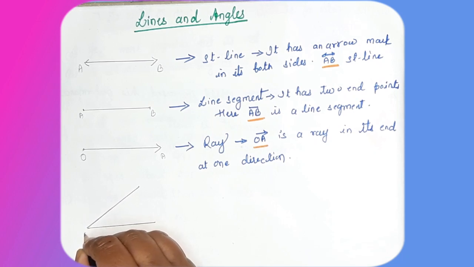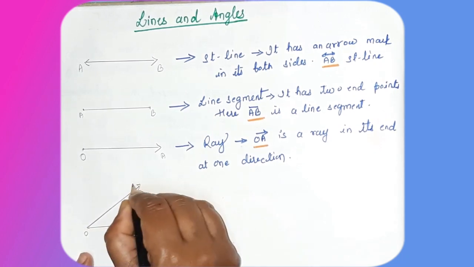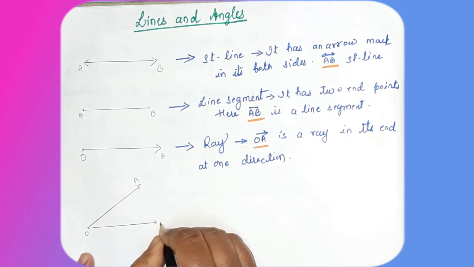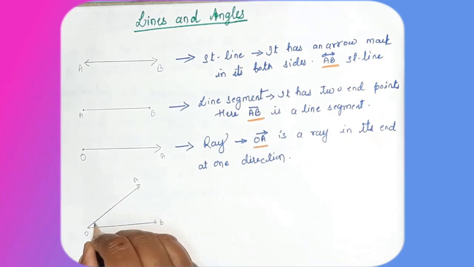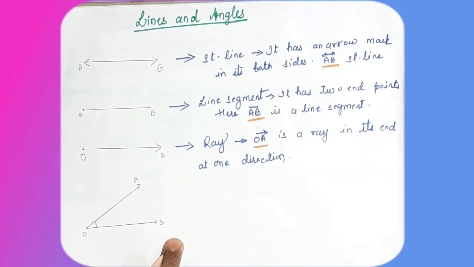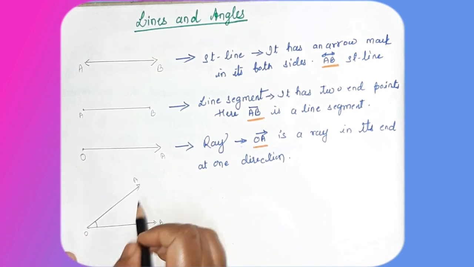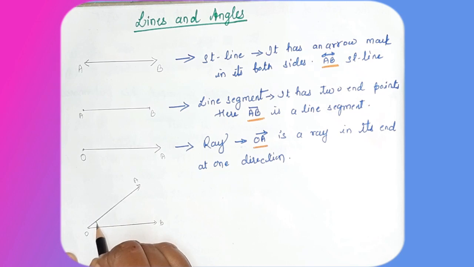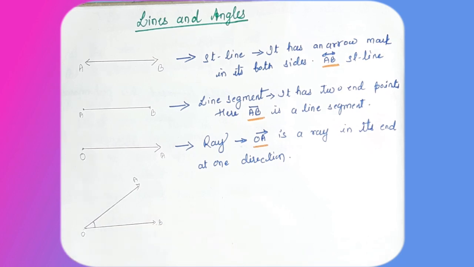This is angle. How is this angle formed? See, suppose this is OA and OB. See, the distance between these two rays originating from the same point. OA and OB are rays originated from the point O. Now, the distance between these two is this arc. This is called an angle. Which is angle? AOB is an angle.